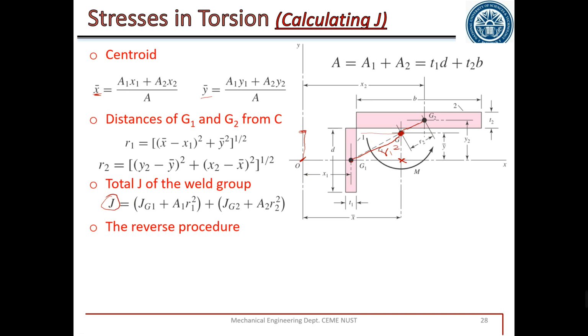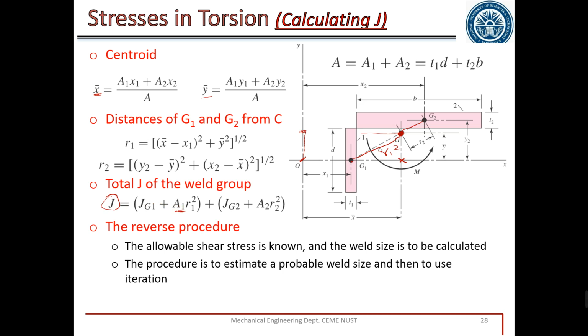Now there is a possibility that in the question they have given us shear stress and they ask us to calculate weld size. In that case, area will be unknown. So what will we do? We will estimate an approximate weld size.